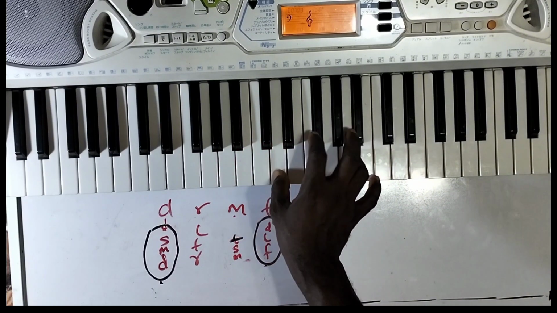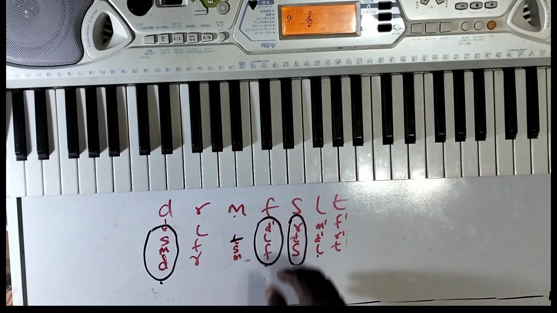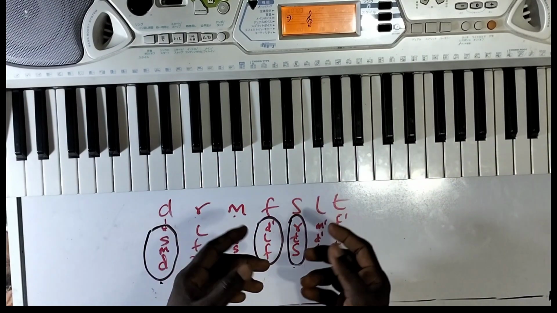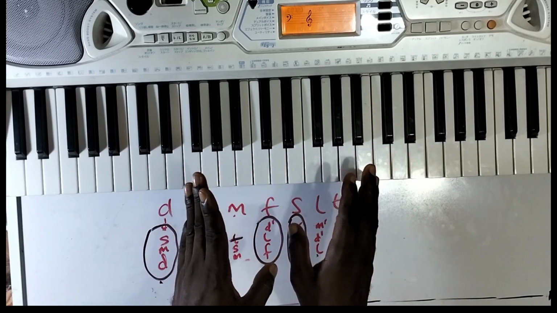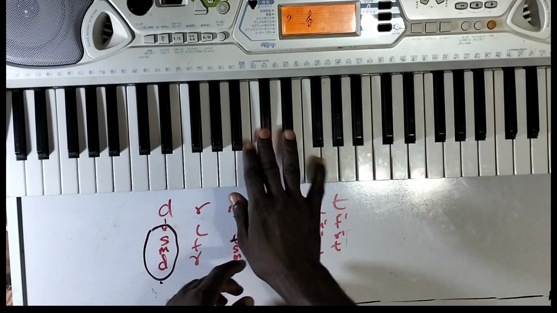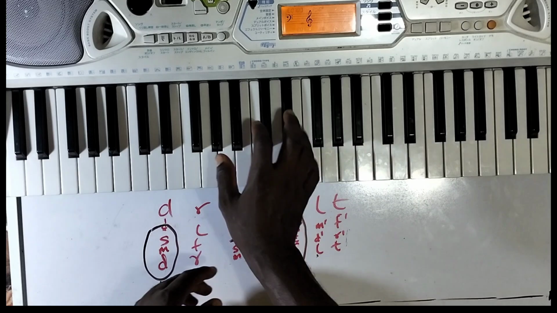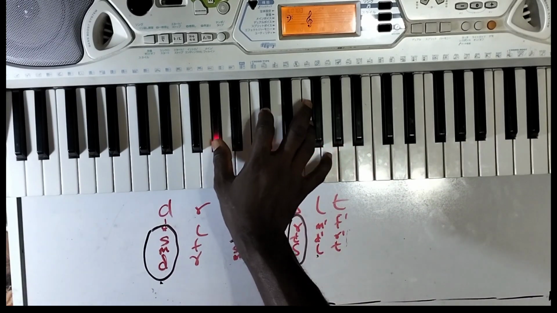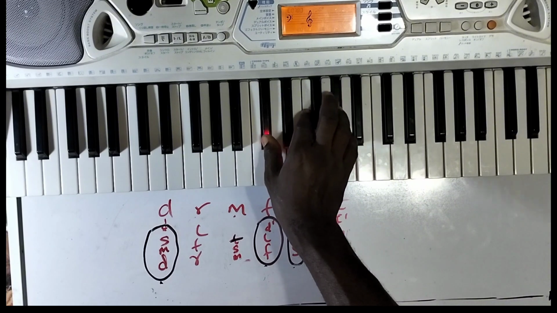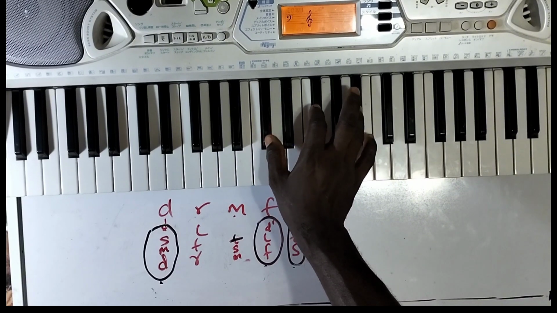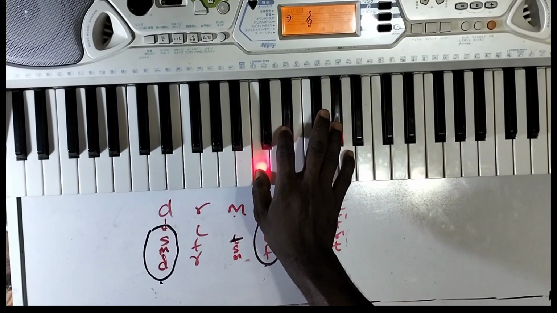Anyone that goes with you, use it, but just know that each key has its own peculiarity. Coming to C sharp, sometimes I can vamp do mi so, do fa la, do mi so, so ti re.